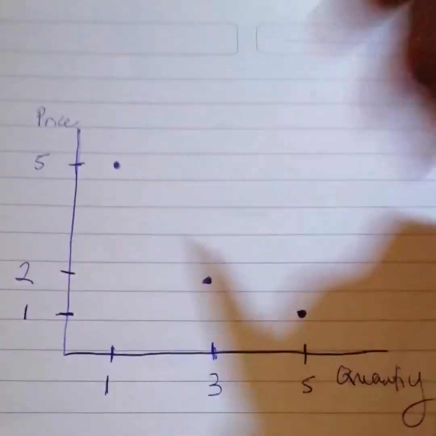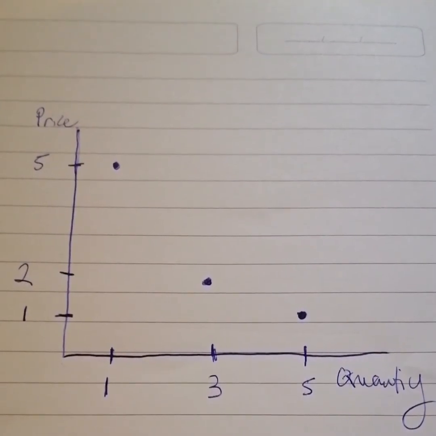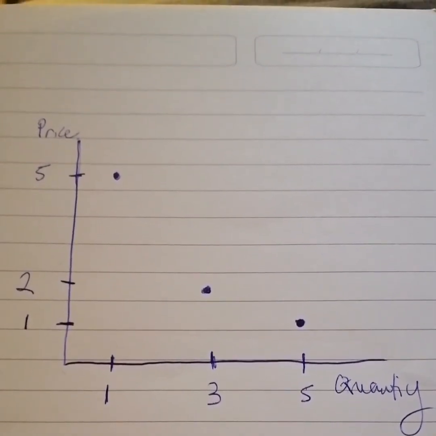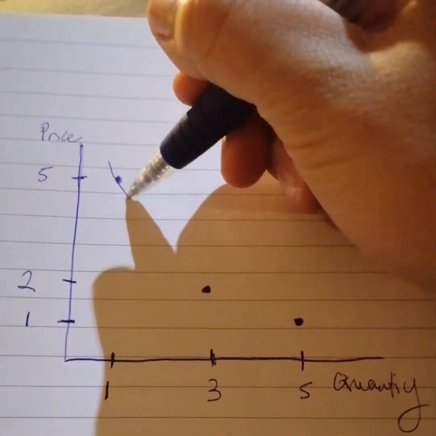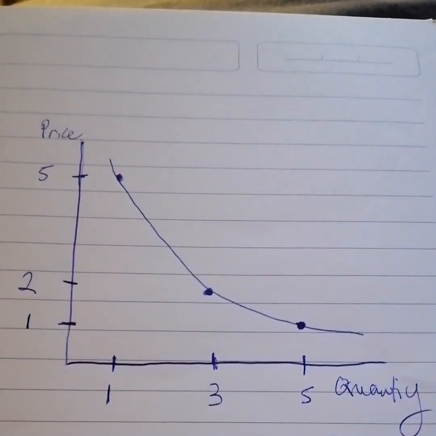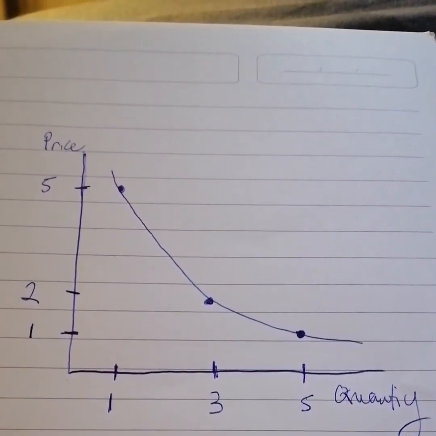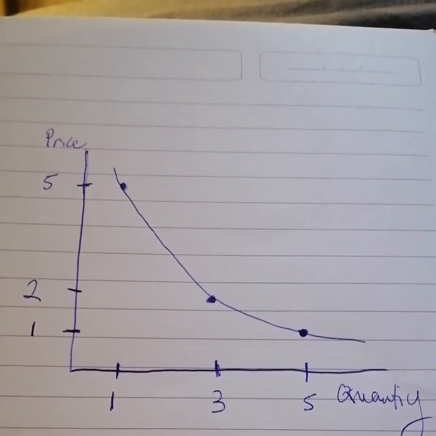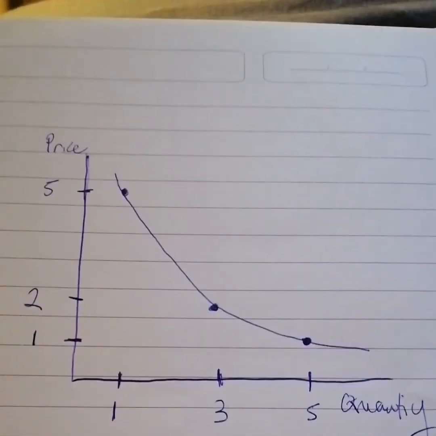So now we've plotted 3 different demand quantities based on 3 different prices. And if we were to carry on plotting, this might be what our demand curve would look like. So there you have your first, very basic introduction to the demand curve.